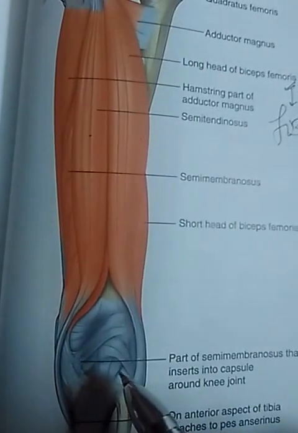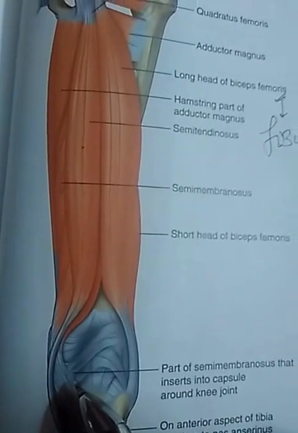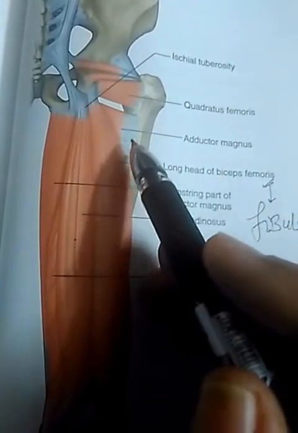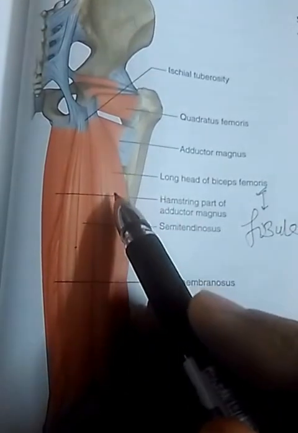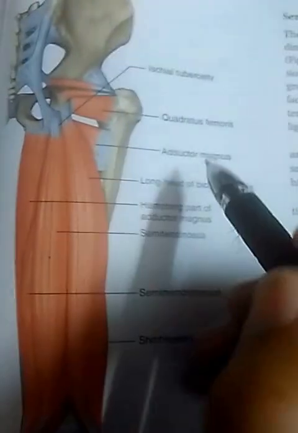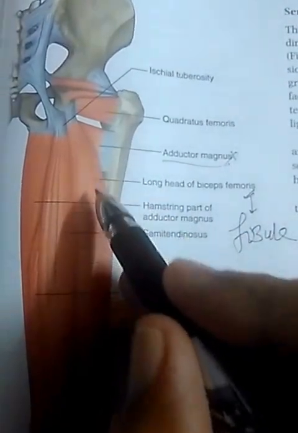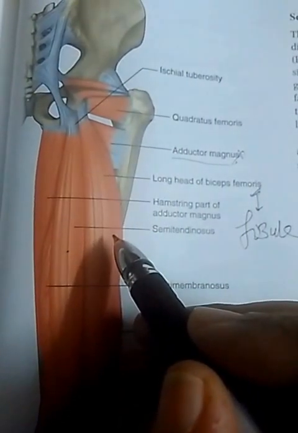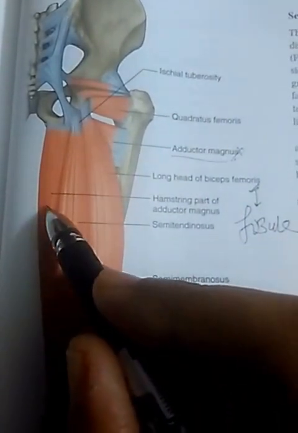This is a part of semimembranosus which inserts into the capsule around the knee joint. Again I am repeating, this is quadratus femoris, this is your adductor magnus. The long head of biceps femoris is here, most laterally and on the posterior surface. This is semitendinosus, this is semimembranosus, and this is the hamstring part of adductor magnus muscle.